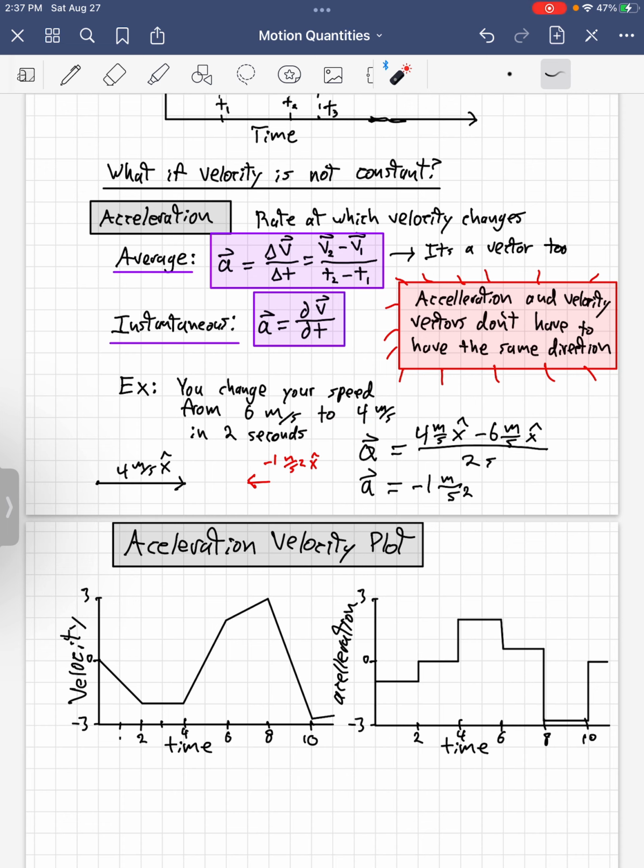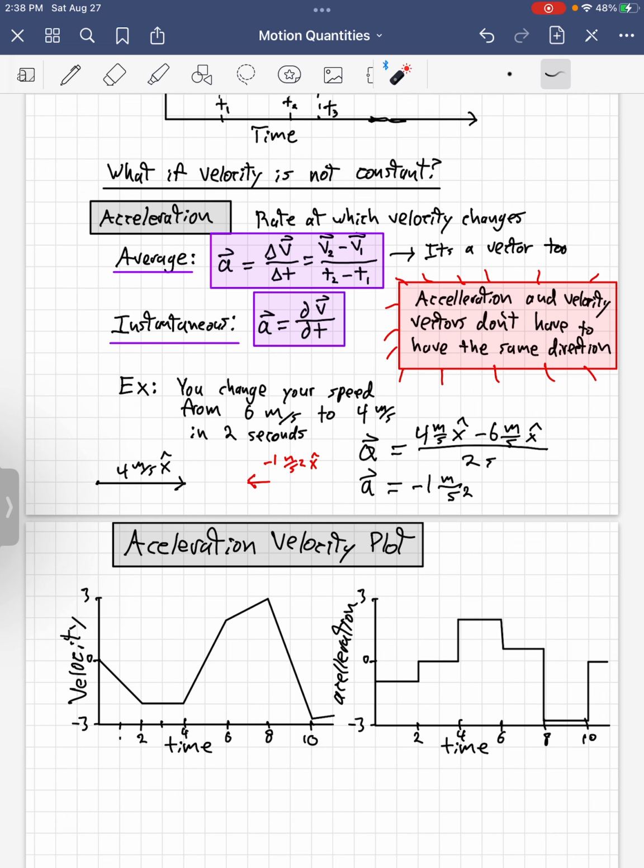Your final velocity is still positive. You're moving to the right at 4 meters per second, but for your acceleration, you take the velocity at time 2 minus the velocity at time 1, divide by the time interval, and you're going to see that your acceleration is -1 meters per second squared. Meters per second squared are the units we're going to be seeing for acceleration. That means every second you're reducing your velocity by 1 meter per second.